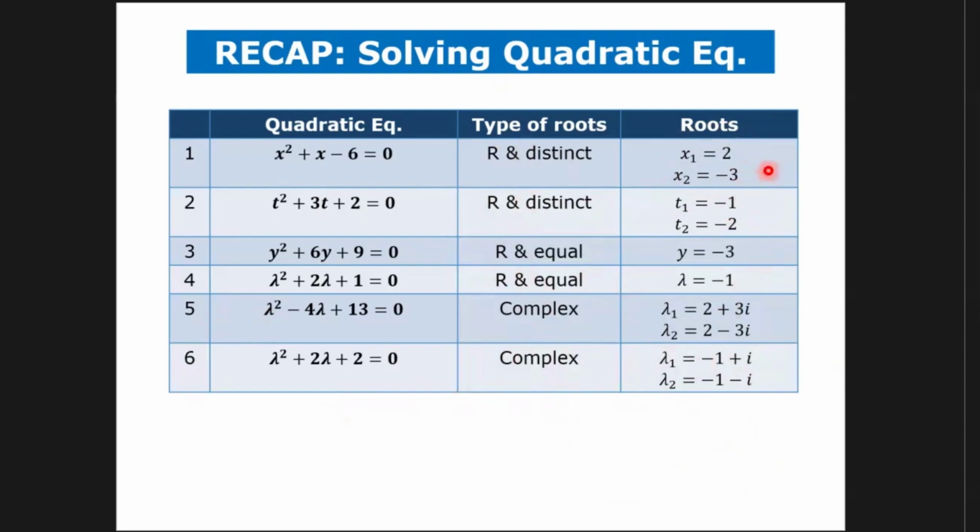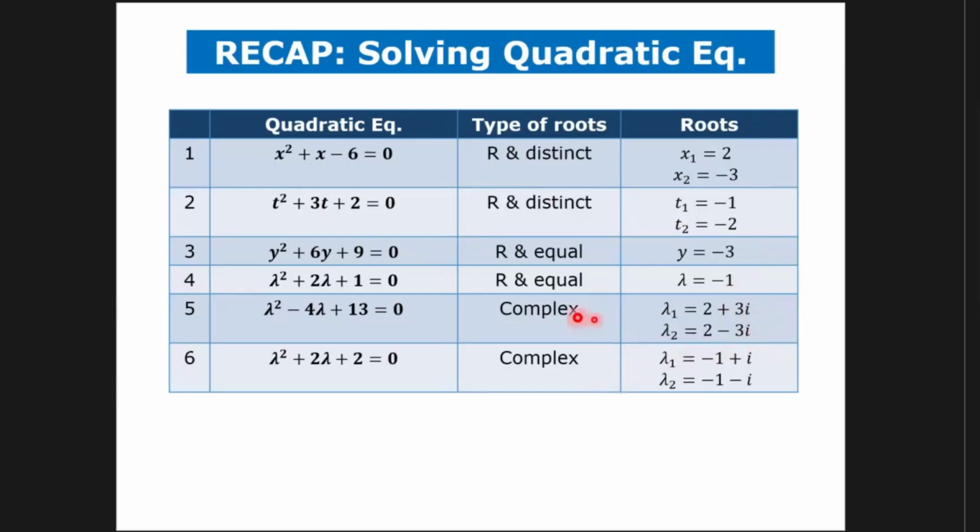So you can determine the types of roots based on the values that you get from the calculator. If you get two values of x, then the roots are real and distinct. If you get only one value of x, then the root is real and equal. When you have complex roots, that can be seen through the i term here.